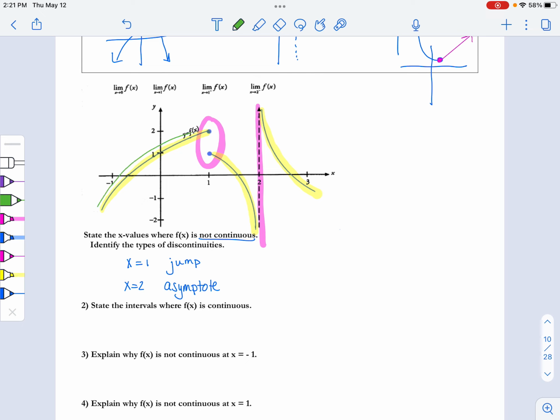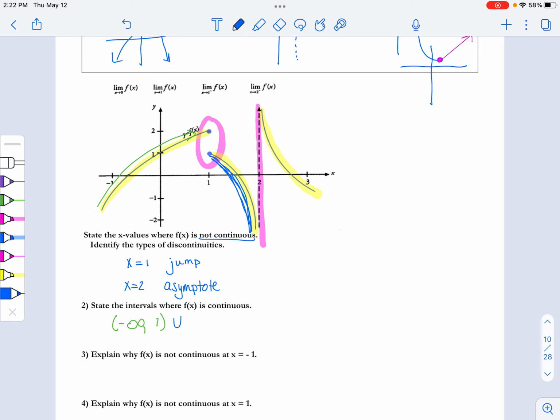So I'm going to go through here, guys. This chunk of the graph we would call continuous from negative infinity up until positive 1. I would use a bracket because at 1 there is a jump. I am not continuous at 1. Just so you can follow along with me, I'm going to look at this part of the graph right here that I'm doing in blue.